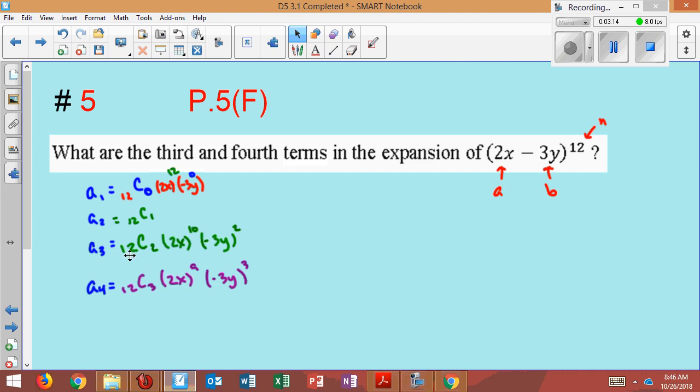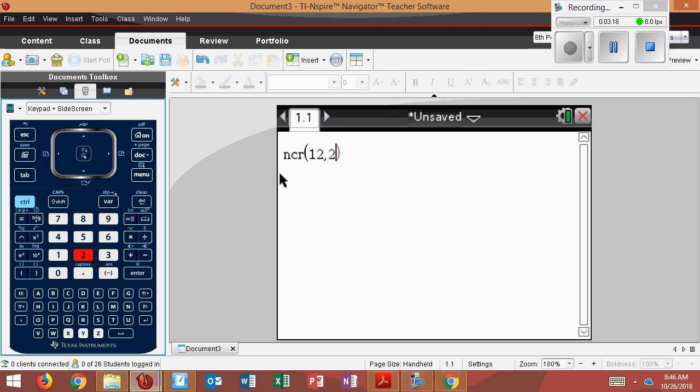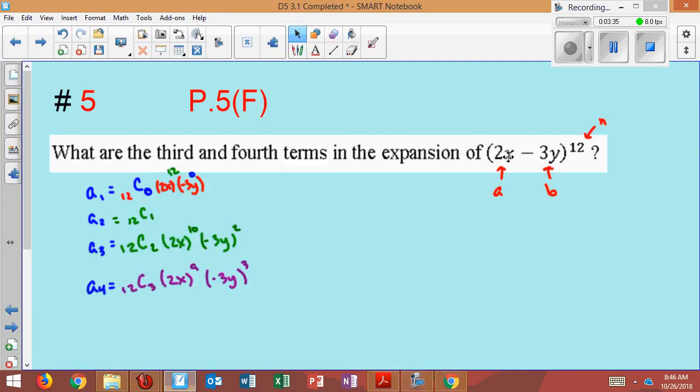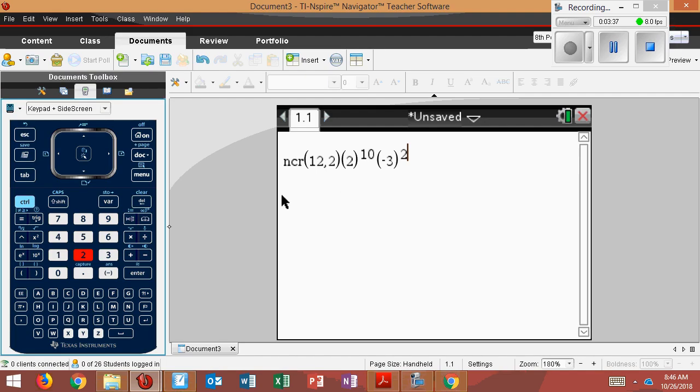So it's NCR, 12, comma 2. And then we continue on, times 2x, but we don't put the x in there. Raised to the, subtract 12 minus 2 is 10, times negative 3, for the negative 3y, raised to the second power. Let me check that that was 2x. That's the one I'm forgetting. Yep, it's 2x. Okay, so I press enter, and that's going to be my third term.